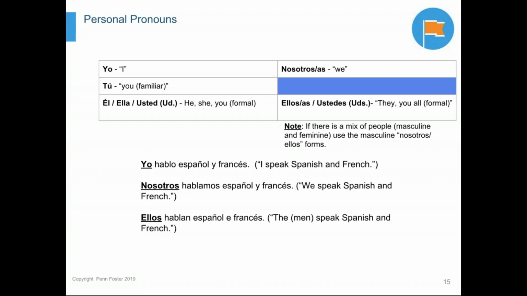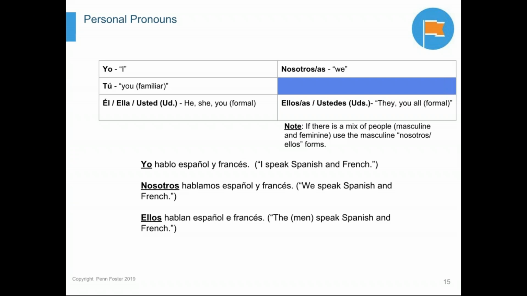Someone you don't know, someone you haven't met before, someone you're showing respect to, someone you're not friends with or related to, etc. And then Spanish also has a third form of you on the bottom right, ustedes, and that would be used for any plural number of people. So as I am speaking to all of you, in Spanish I would use the word ustedes.